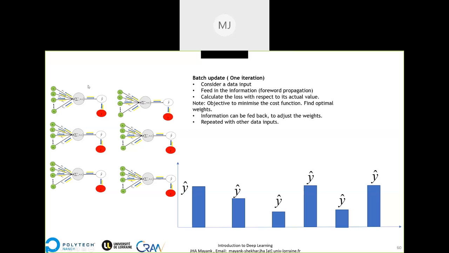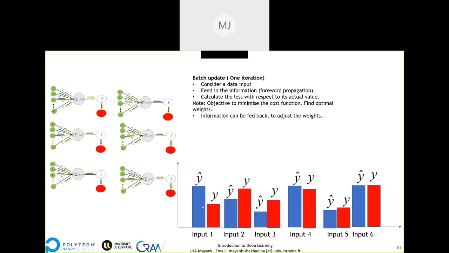To give you an idea, for 6 input vectors, we have done forward propagation in blue and backward propagation in yellow. So you see the 6 estimates by the neural network for the 6 input data, and compared with the real values there is always a difference, except the 6th one where y hat is similar to y.